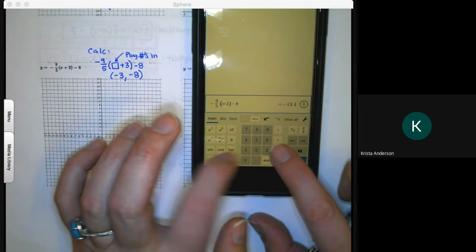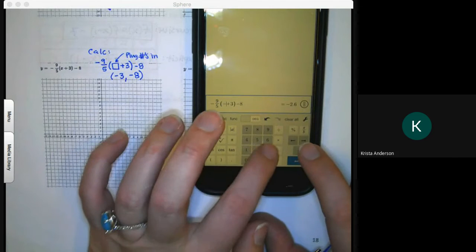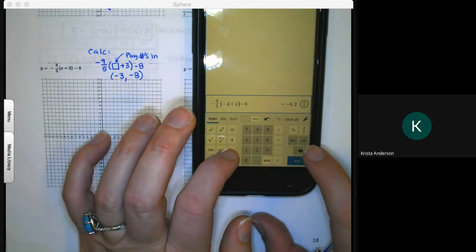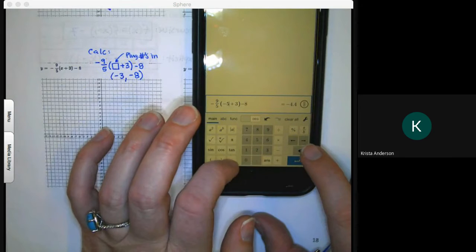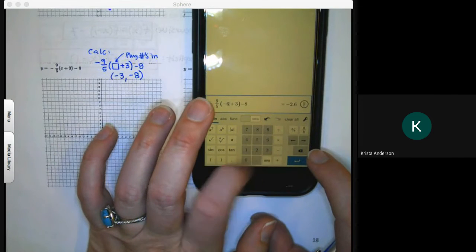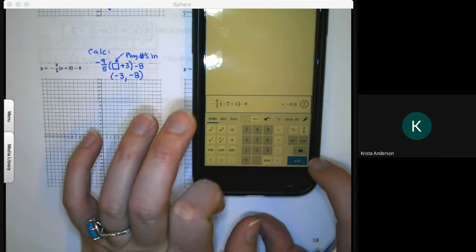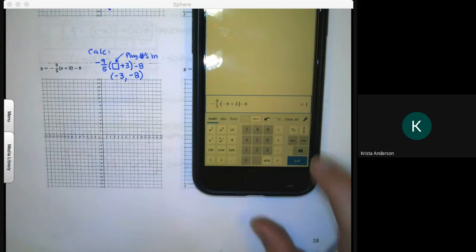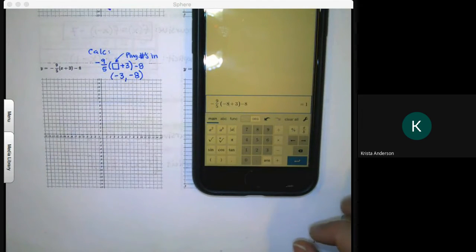So we said -2, -3, -4, -5, -6, -7, -8. -8 gives me a +1.